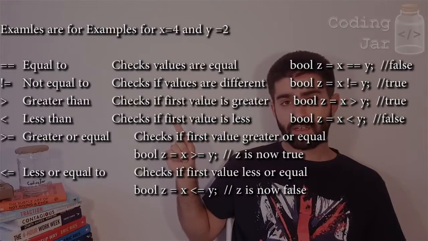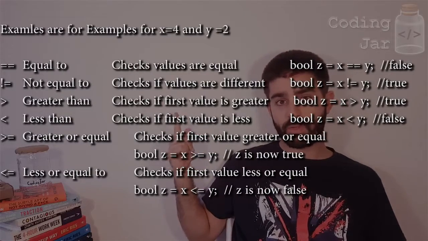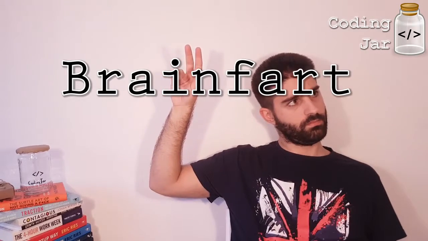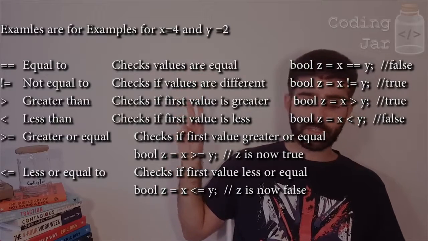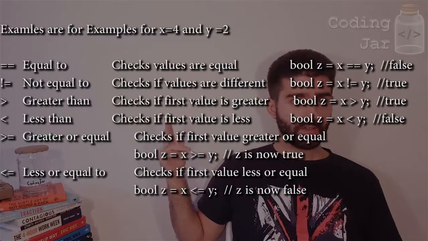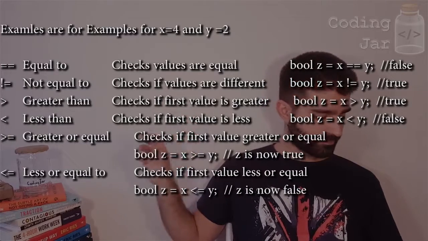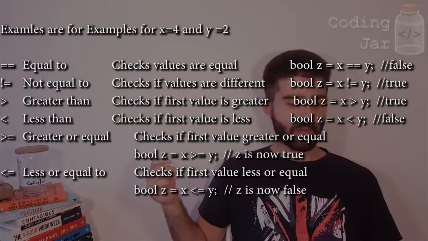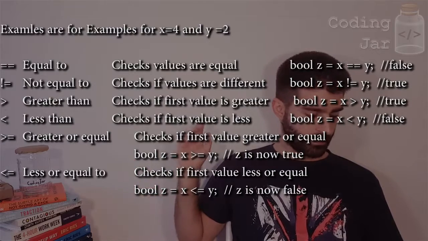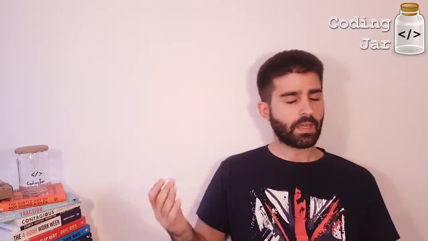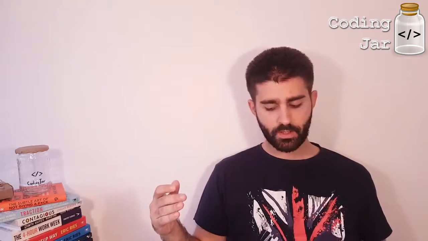So the operators are the equals sign, which checks for equality between two variables, the exclamation mark equals sign, which will check if a variable or number is different than another, so not equal to. There is greater than, the same symbol as in maths, less than, greater or equal to, less or equal to. I think it's self-explanatory, I probably don't have to explain it too much.